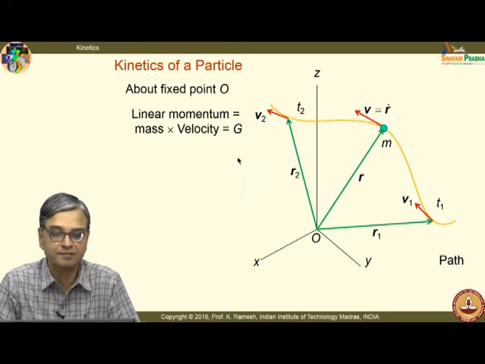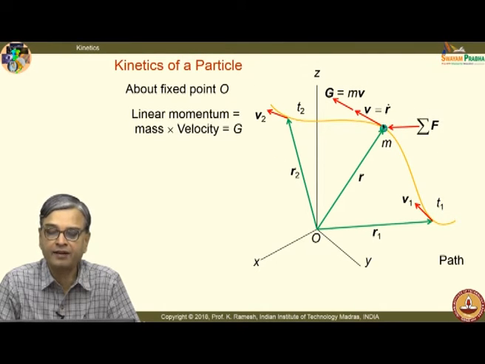I have this as mass into velocity, and the standard symbol used for this is G. Do not confuse this with the center of gravity G. Learn it from the context, interpret the symbol out of the context. So, I have G equal to mv, mass into velocity.